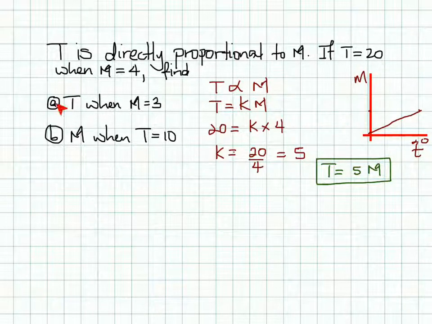So now let's start answering part A. Part A says find T when M is 3. So go back to your equation. I need to find T when M is equal to 3. And if you're thinking I'm going to replace that M with 3, then you are right. So with my working out, what I'm going to get for part A is that T is equal to 5 times 3.